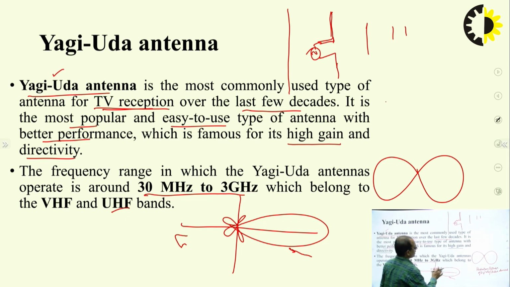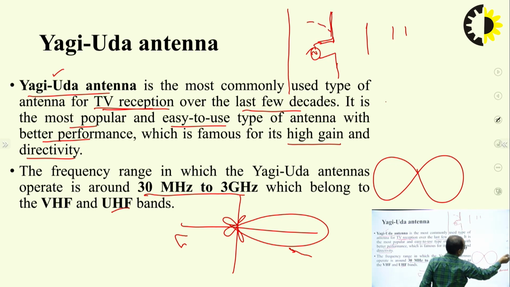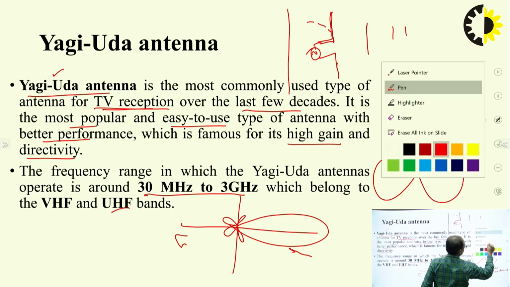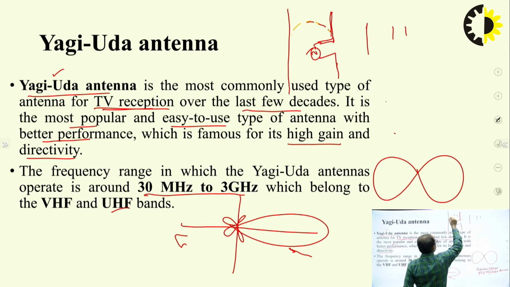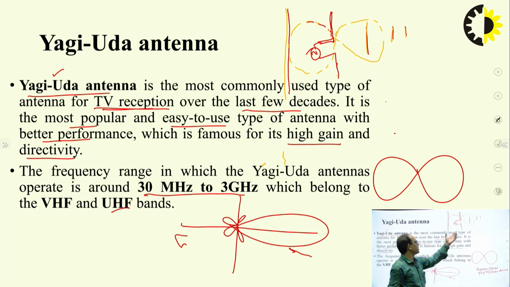So you will see that this dipole antenna radiates its energy in this direction. These are the parasitic elements, and they get excited due to the energy received from the driven element. That's why these are known as parasitic elements, which get excited after getting a signal from the driven element.